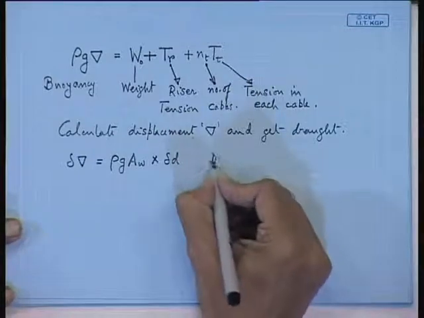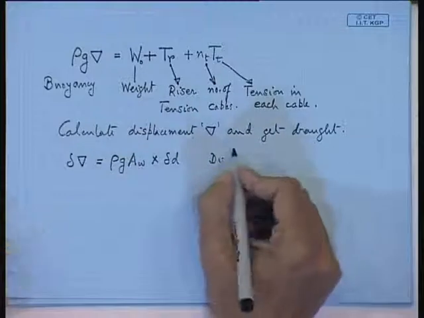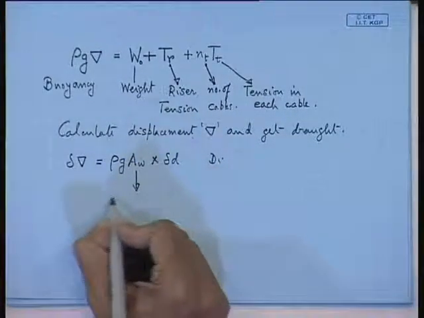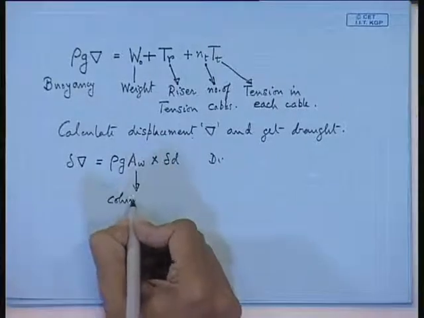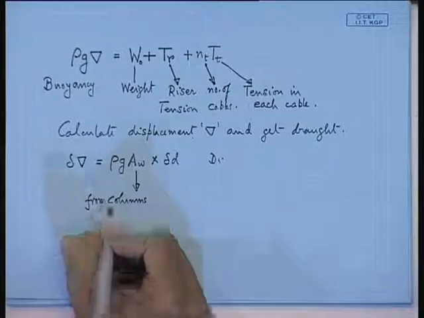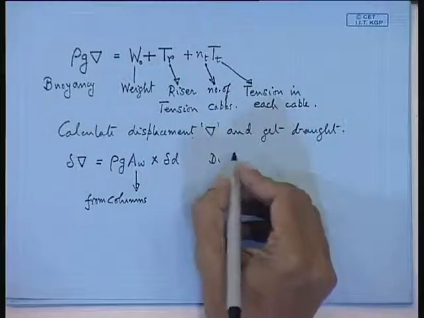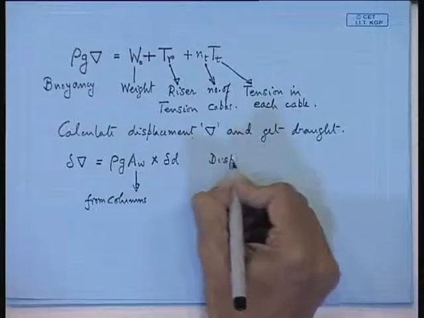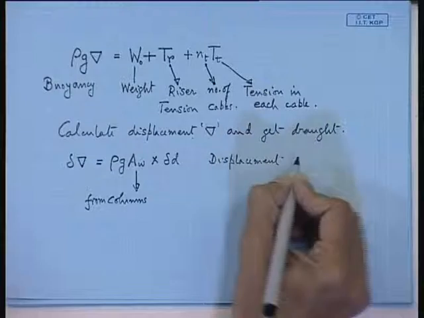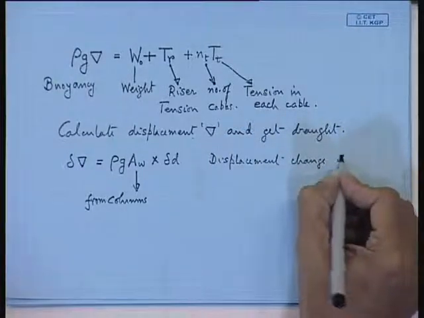Because water plane area you cannot change, this is given by the columns. So, this is fixed and draft can be changed. So, displacement change is related to draft.